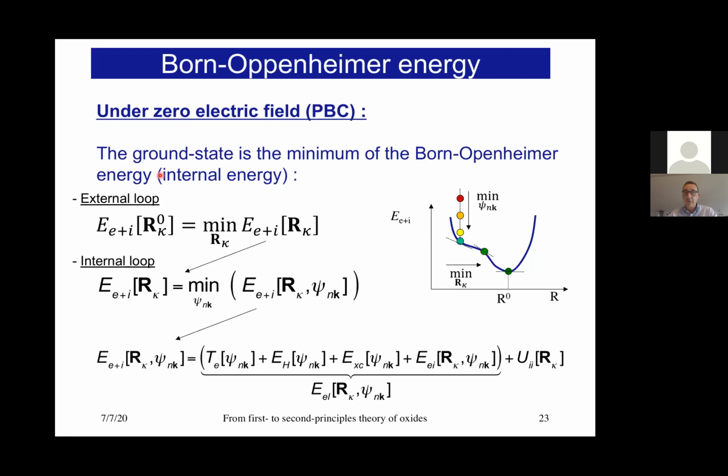And so doing a calculation basically requires two loops. Basically, you choose some starting geometry. So you fix R, and then if you fix R, you fix the parameter here in your Born-Oppenheimer Hamiltonian, and then you need to find what is the electronic ground state.